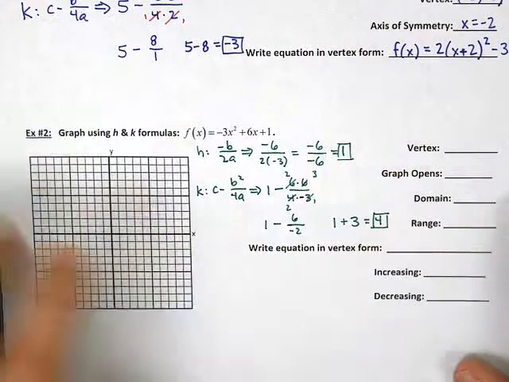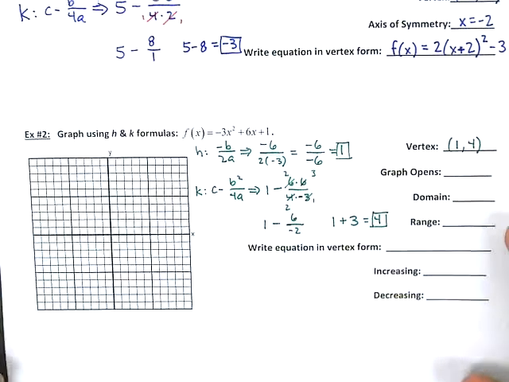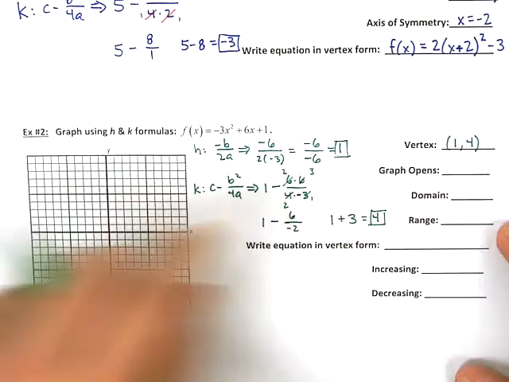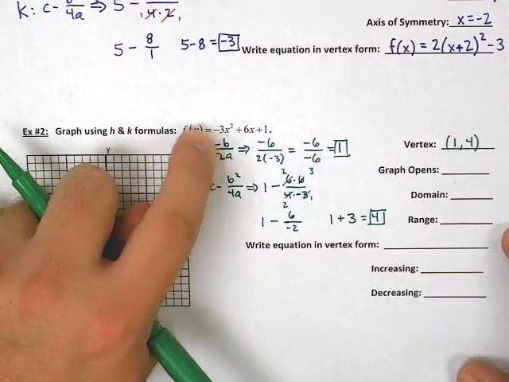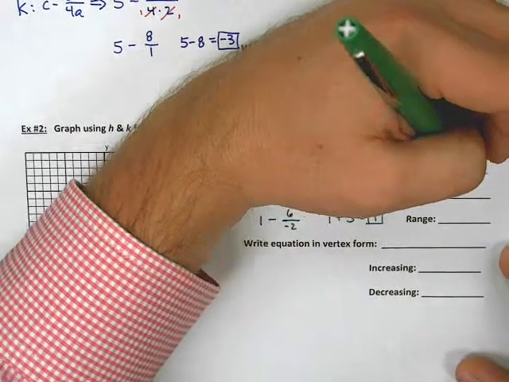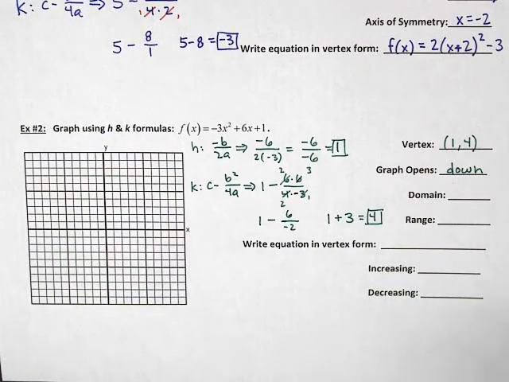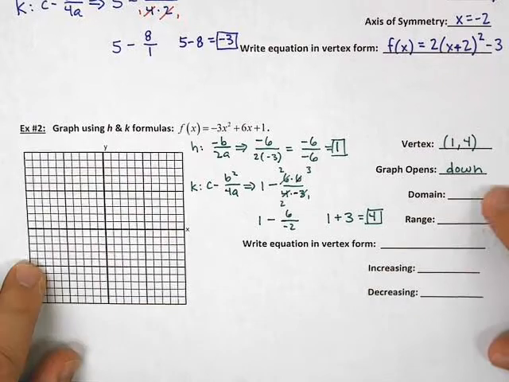Well, now I know my vertex is at 1, 4. I haven't graphed this yet, but don't I know that if my a value is negative, this is going to open down, always, right? Let's skip domain and range for a second.